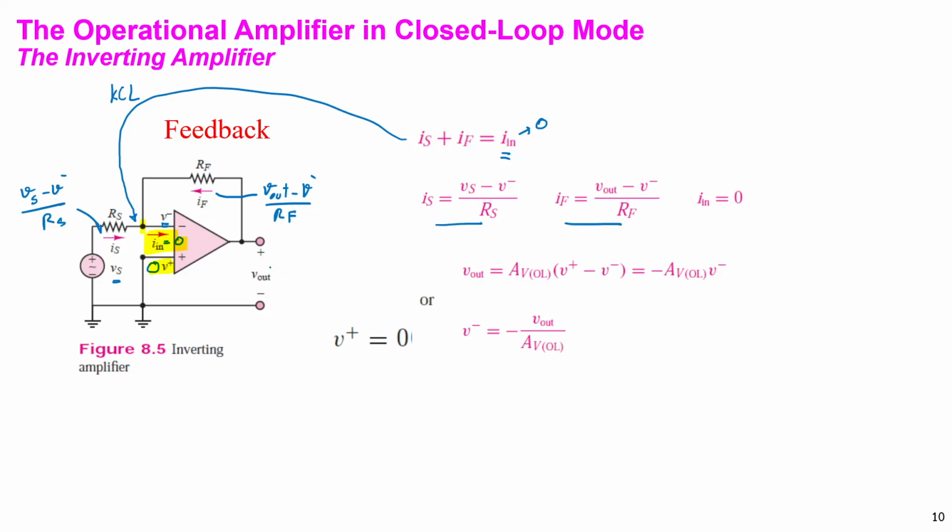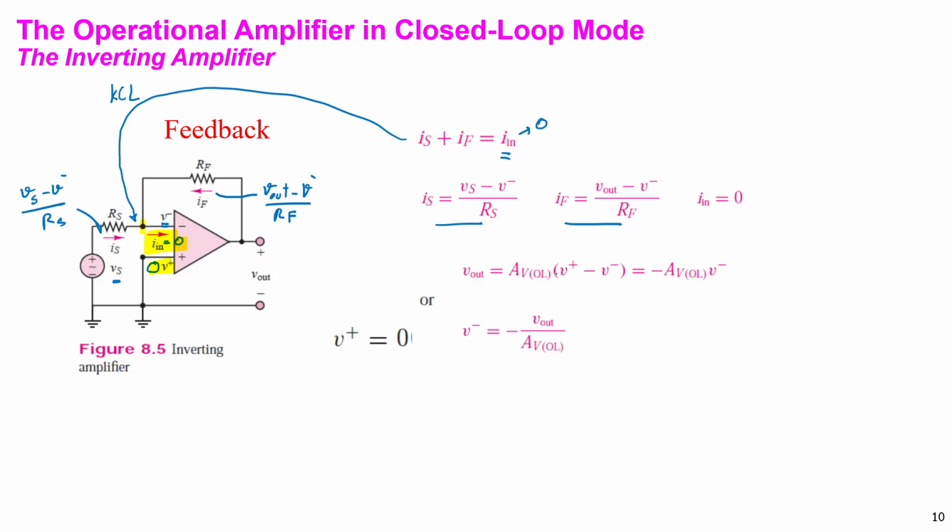And V_out is the open loop gain times the input voltage, V positive minus V negative, right?